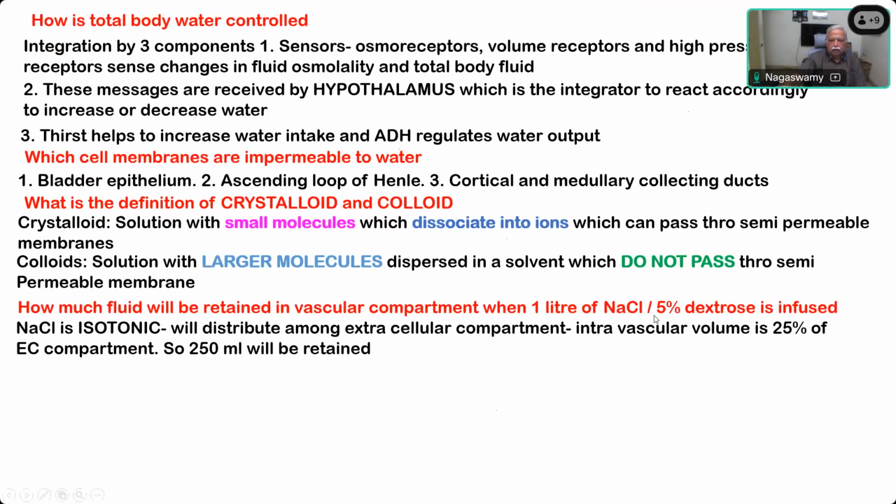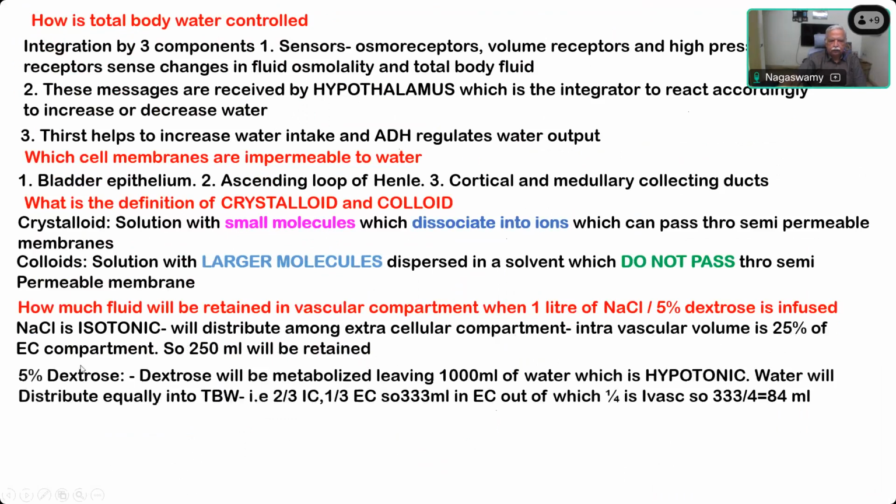So 1/3 of 1000 is about 333 ml in the extracellular compartment, out of which 25%, about 84 ml... whereas 5% dextrose will be immediately metabolized and it will become only water.